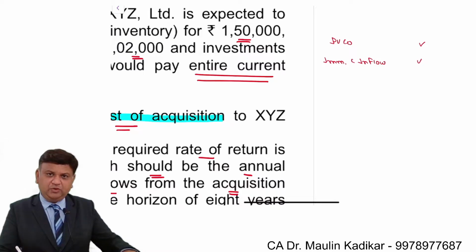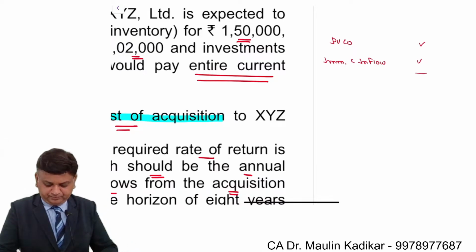The difference of both of them is the cost of acquisition. This is what we are required to calculate in the first part of the question.